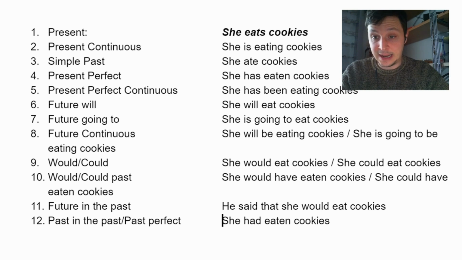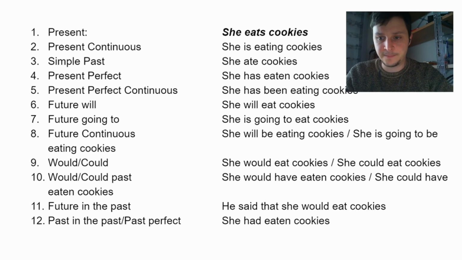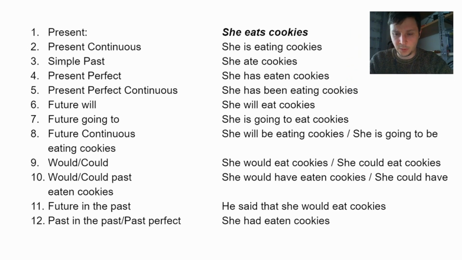That's it, but now we're going to abbreviate a little bit, all right? Let me move my little face. Okay, we can abbreviate many of these. For example, she is can become she's. She ate cookies, no abbreviation. She has eaten cookies.